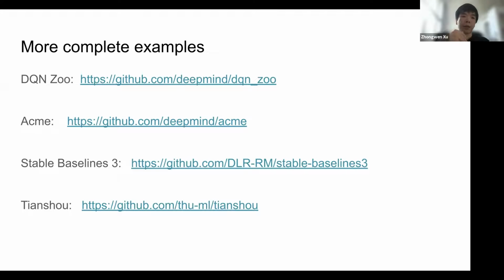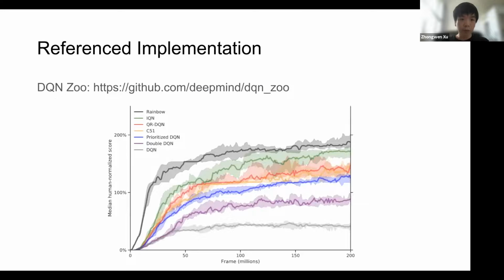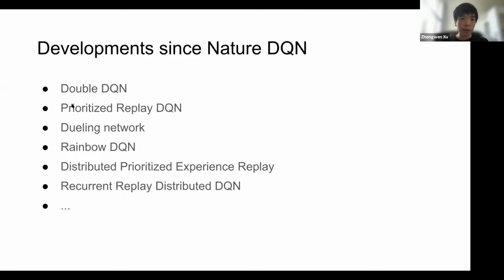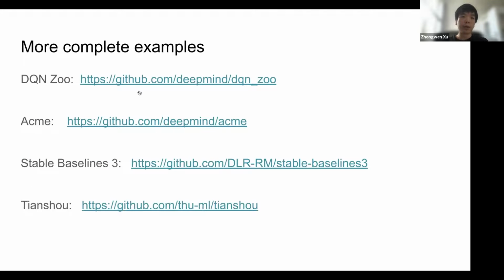All of the papers in the DQN family, including double DQN, prioritized replay, dueling, and Rainbow, are all implemented in the wrapper, and they really can reproduce the performance of the agent. So it is a very good reference implementation for all of these DQN agents.